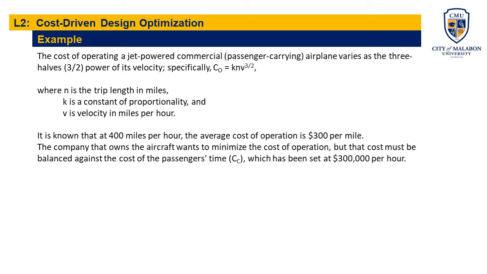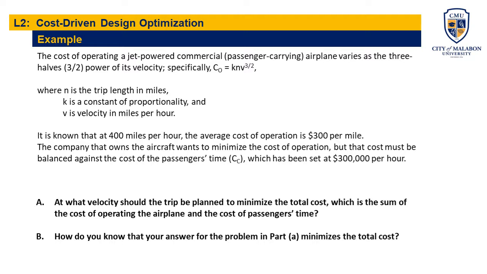Okay, so there is a passenger's time that should be minimized, which has been set to $300,000 per hour. The questions are: first, at what velocity should the trip be planned to minimize the total cost?